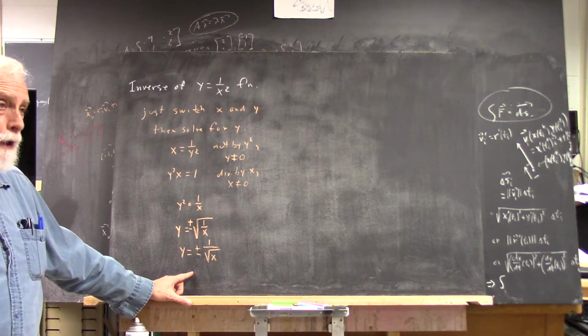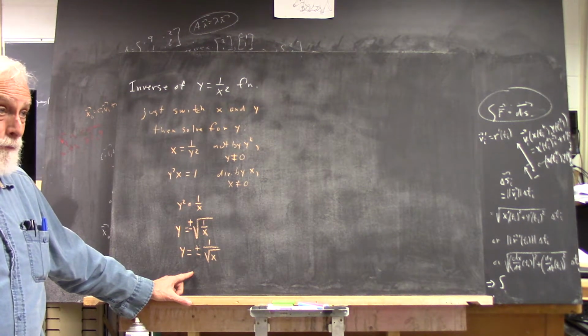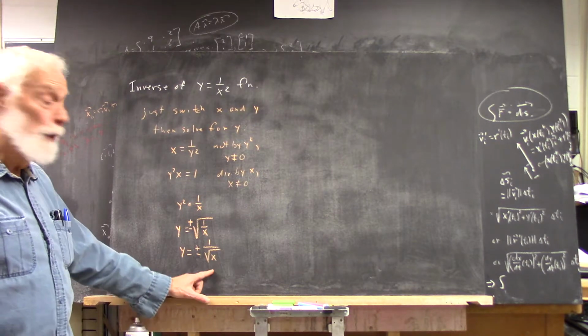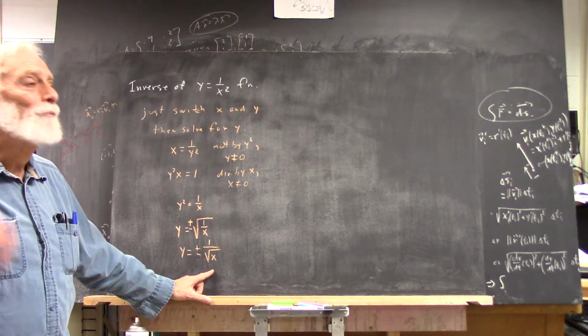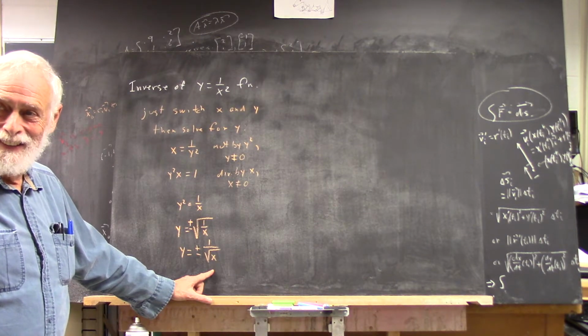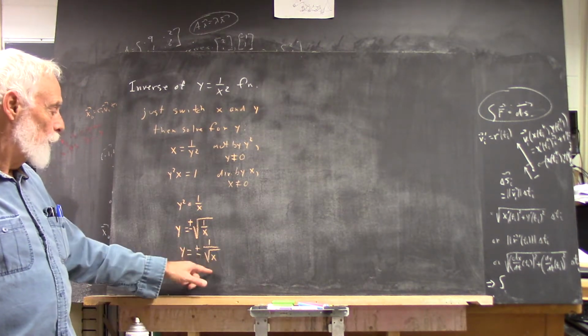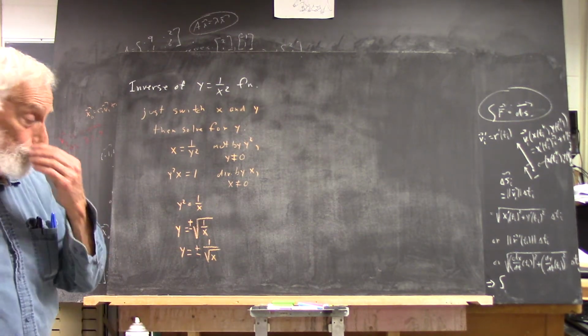But if, for example, x equals 9, what do you get? Well, square root of 9 is 3. Okay? And this will give you 1/3 or negative 1/3. That's two possible answers. It's not a function.